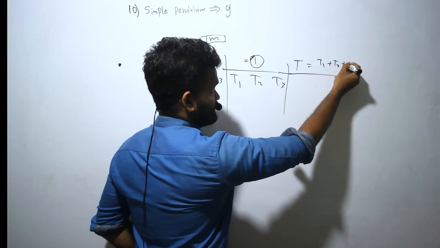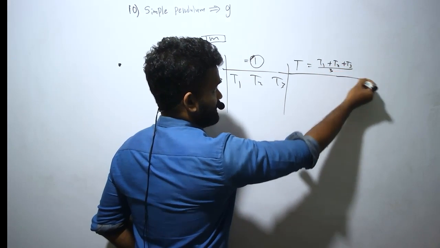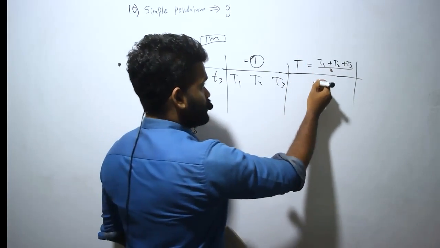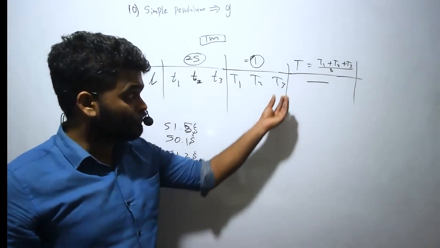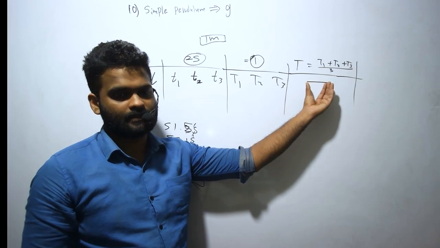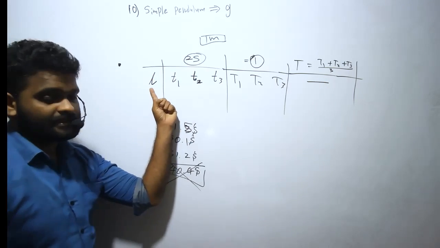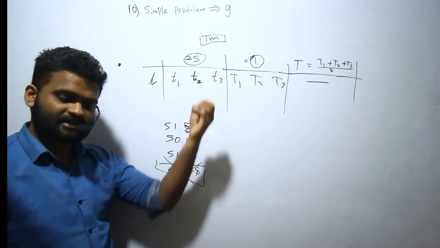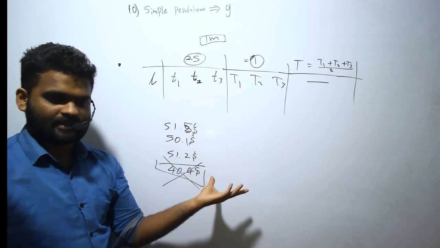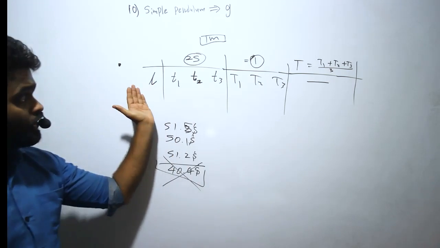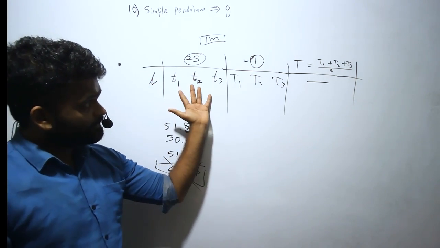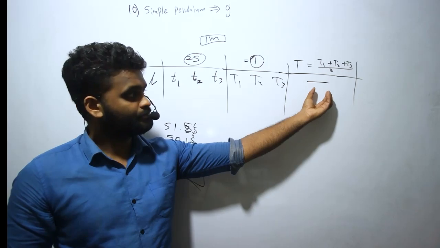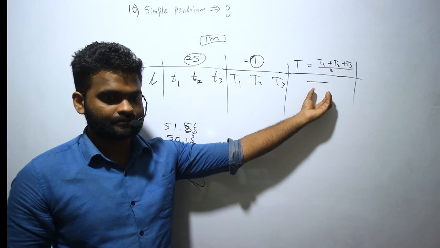How do you get the average? Just divide the sum by 3. You get a more accurate value. For this length, let's say 1 meter, you did the experiment 3 times, the same thing without changing anything. Then using these 3, you get a more accurate value for the time period.